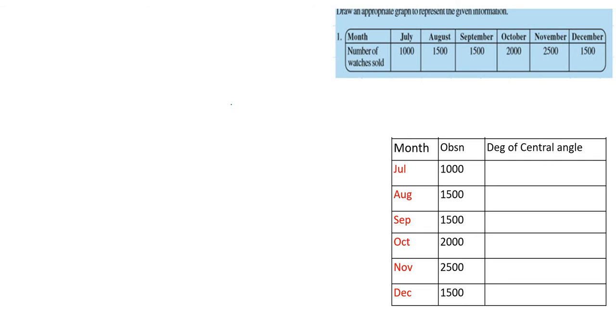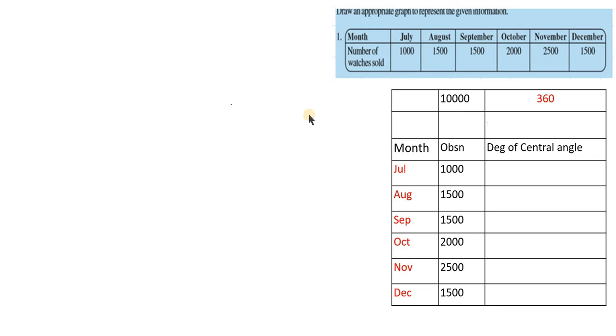pie chart, we are taking the total number of watches sold over the period of 6 months as the whole circle, or you can say the central angle 360 degree. Okay, so 10,000 watches sold means it is equal to 360 degree.